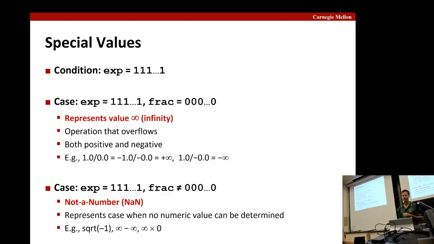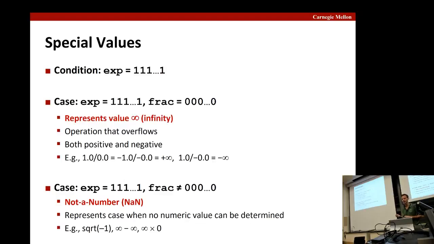If you do 1 divided by 0, you get positive infinity. But you can distinguish that from, say, 1 divided by negative 0, which would be negative infinity, or negative 1 divided by 0. In every other case, except where the fraction is 0, it is a special thing called NaN, not a number.